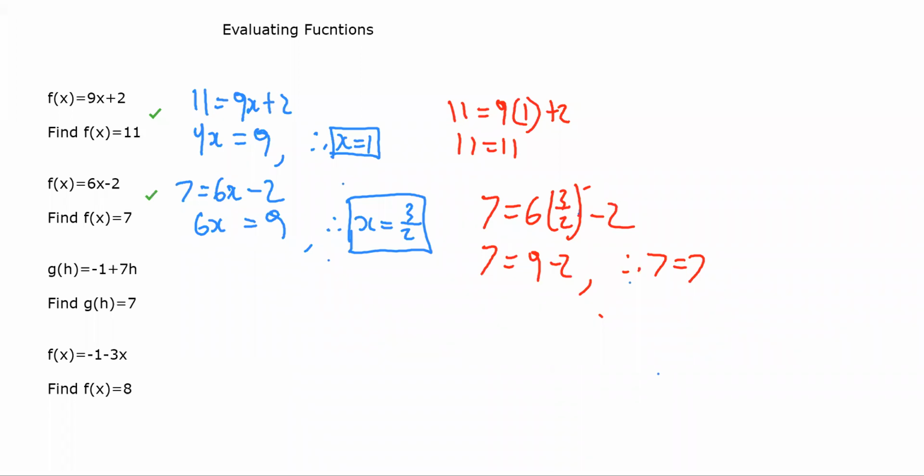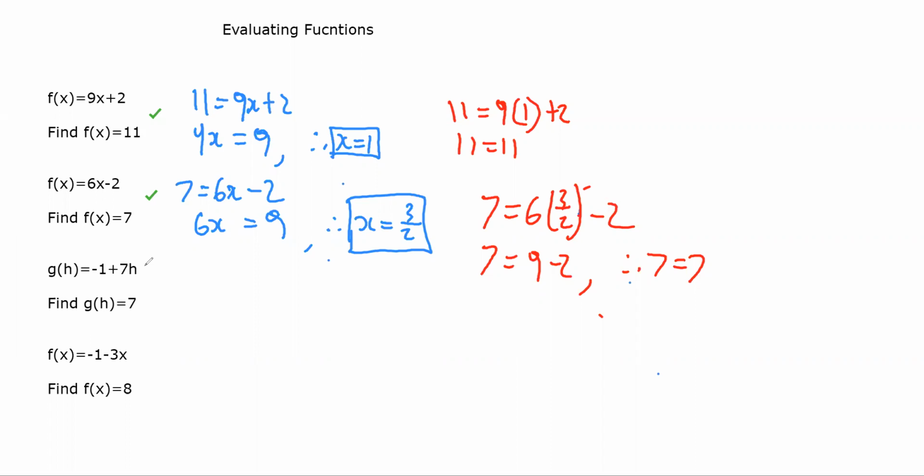Okay, so let's move on to the next problem. We have g of h equals -1 plus 7h. Find h when g of h equals 7. How to do that is, again, as in the previous problems, substitute 7 for g of h, since g of h equals 7.